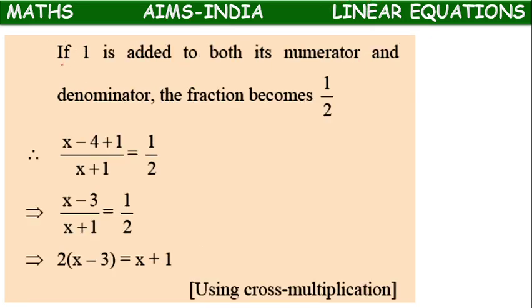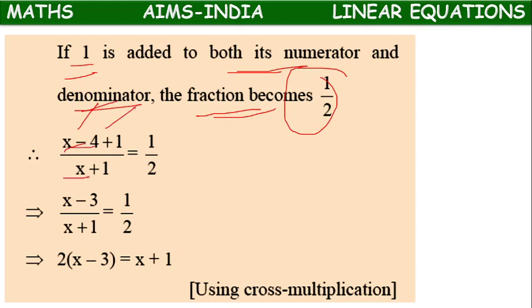But if 1 is added to both numerator and denominator, it becomes half. Means for numerator x minus 4, 1 is added, and for denominator x, 1 is added, and this result will become 1 by 2. So x minus 4 plus 1, x minus 3 by x plus 1 equals 1 by 2.